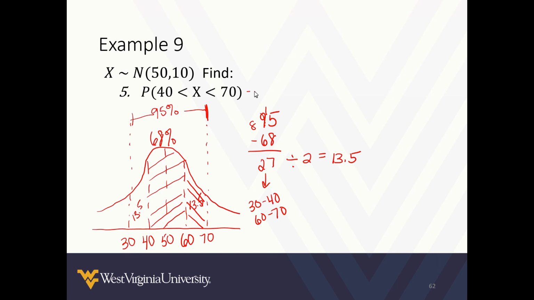So now it is a simple addition. Our 68% plus that 13.5%, and that will give us a probability of 0.815 or 81.5%. A little more challenging, but definitely doable.